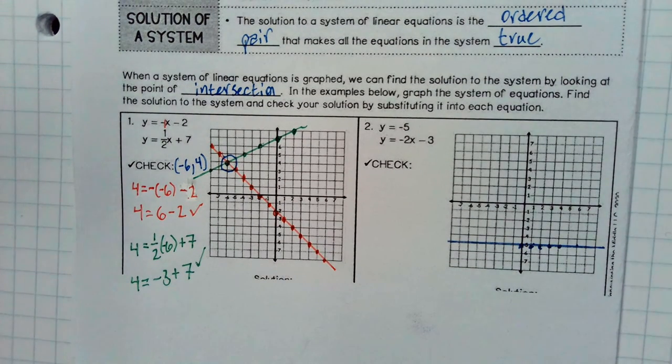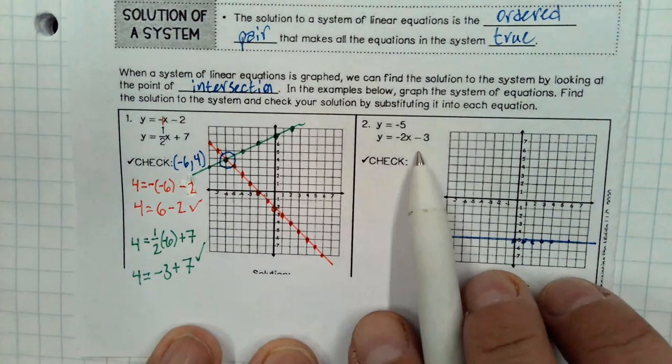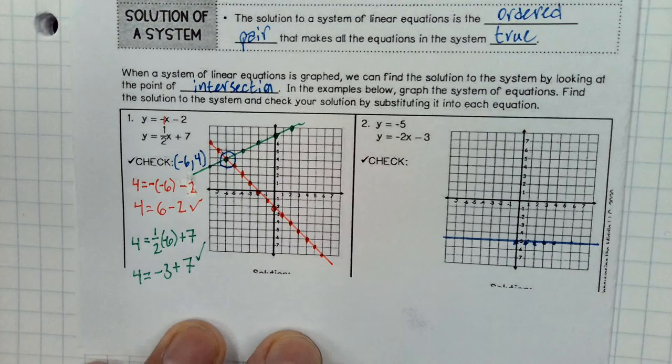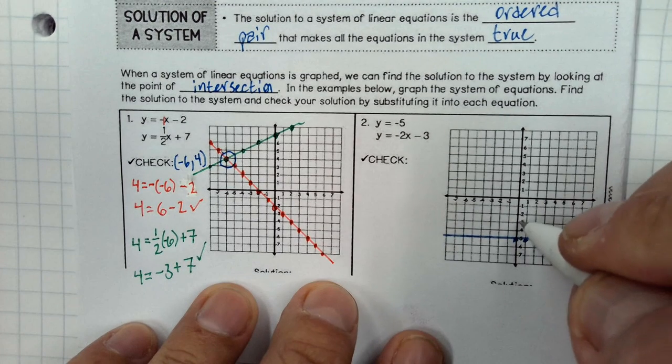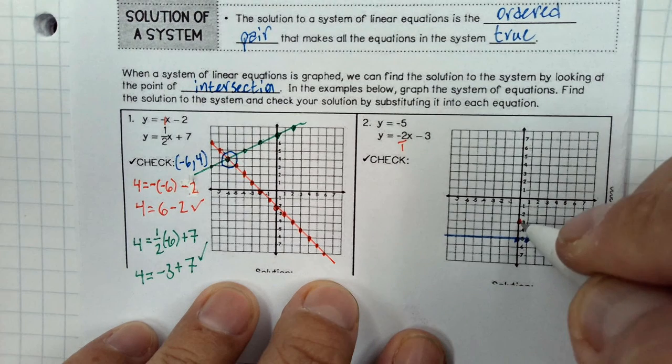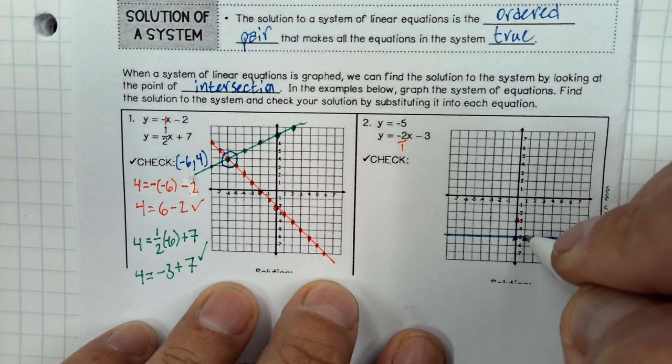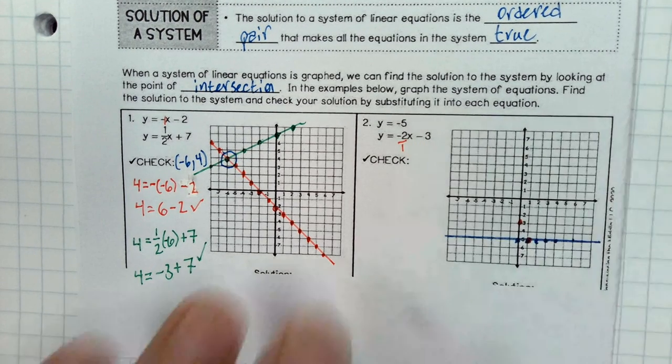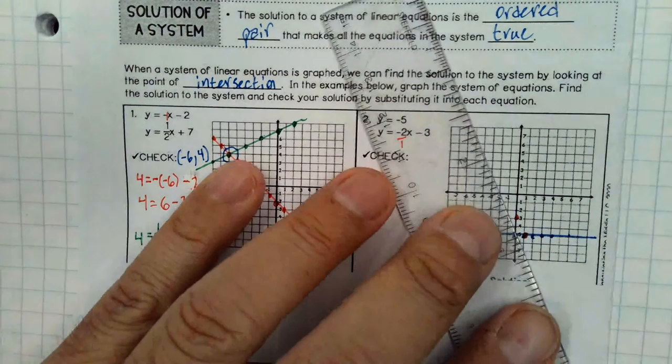And then our second line is going to be at y equals negative 2x minus 3. So we'll look for negative 3. And the slope is negative 2 over 1. So down 2 over 1, boom, right there. Look at that. I see where it intersects right away.